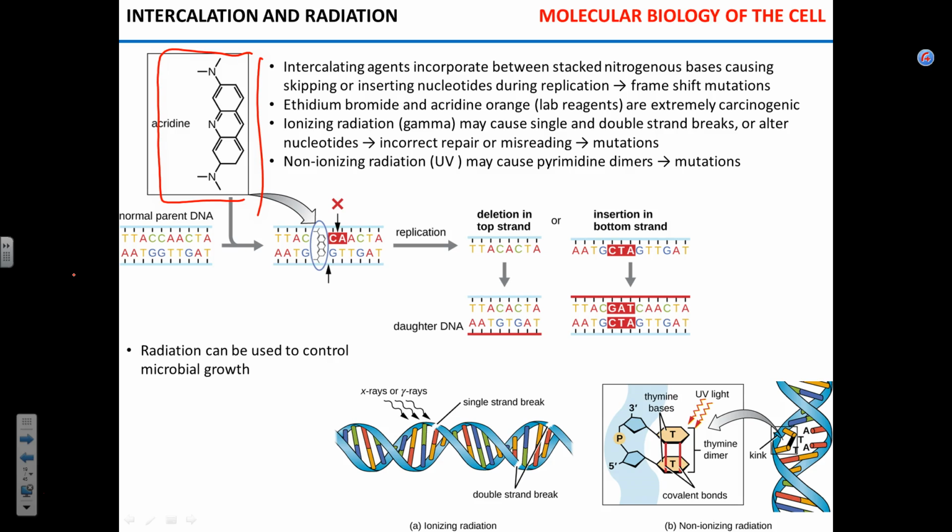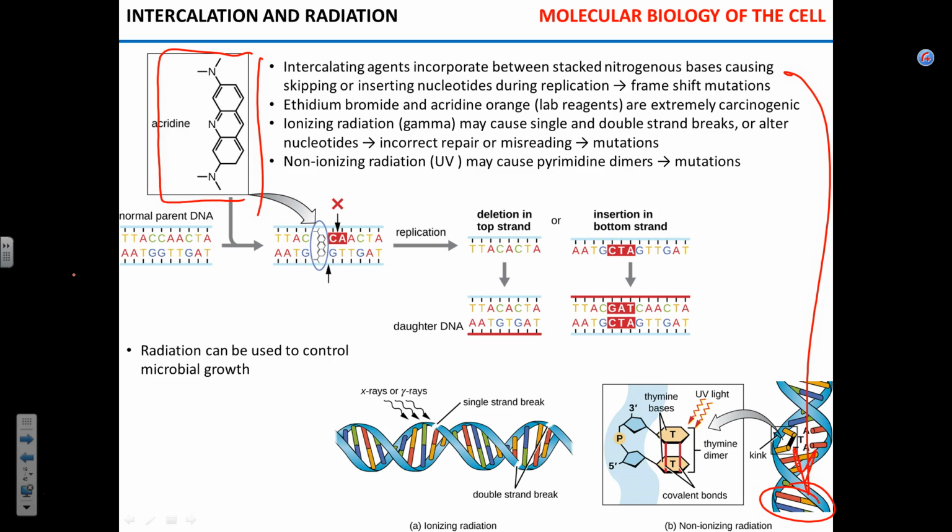Okay. Now, intercalating agents. Remember, when we talked about the structure of the DNA, we noticed that pairs of nitrogenous bases form kind of a ladder. They stack one on top of another.